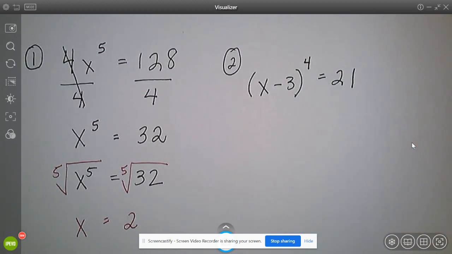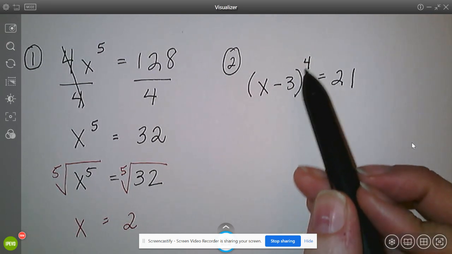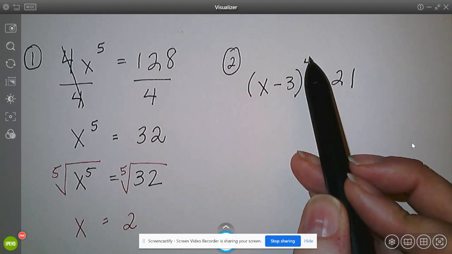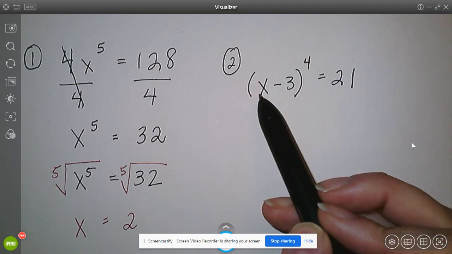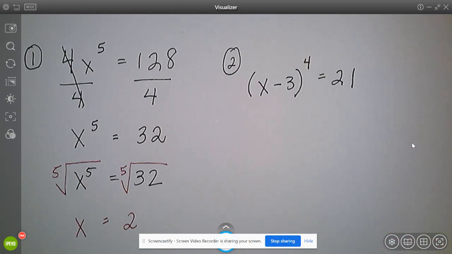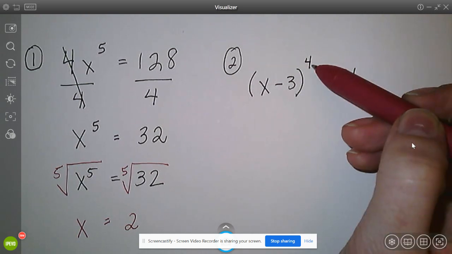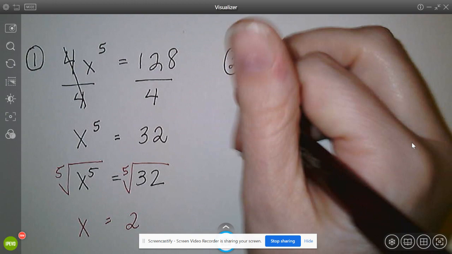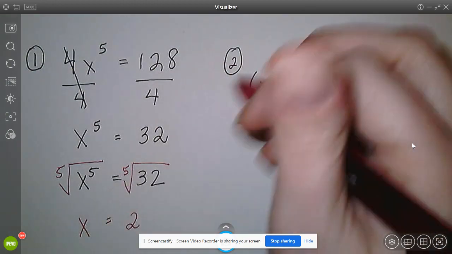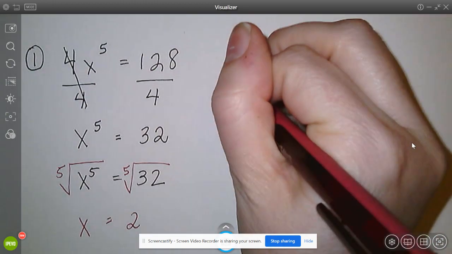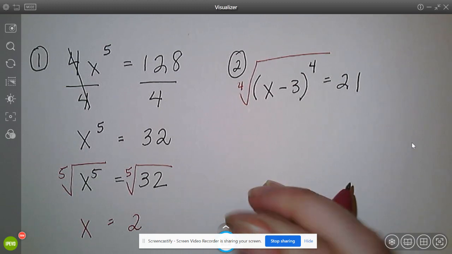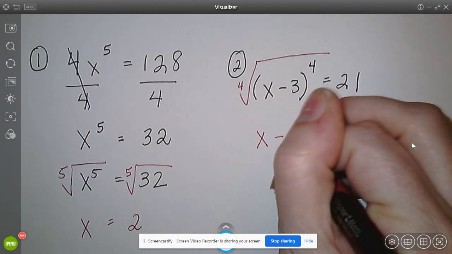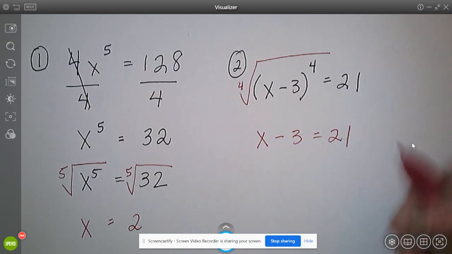So this time our problem is actually starting with an exponent. We still have to get x by itself. So how do we undo taking something to the 4th power? Well, you take the 4th root. Taking the 4th root of something to the 4th power leaves us with x minus 3 equals 21.